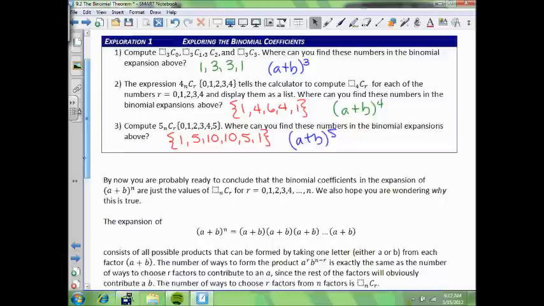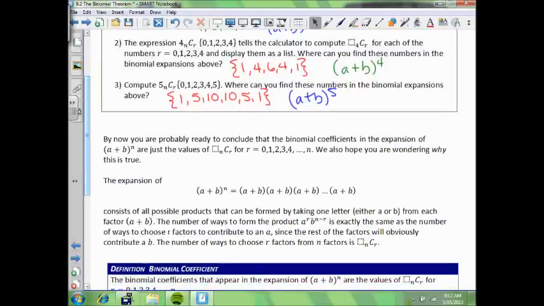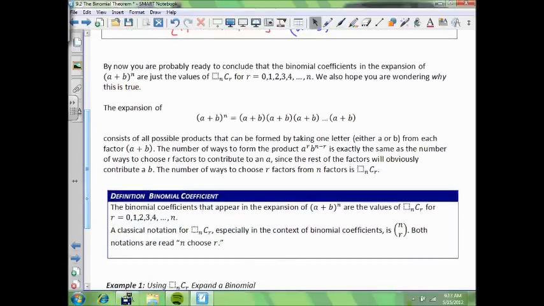Now, by now, you're probably ready to conclude that the binomial coefficients in the expansion of a plus b to the n are just the values of n choose r for r all the way from 0 through n. We also hope you're wondering why this is true. Well, the expansion of a plus b to the n is really a plus b times a plus b times a plus b, and there are n factors.